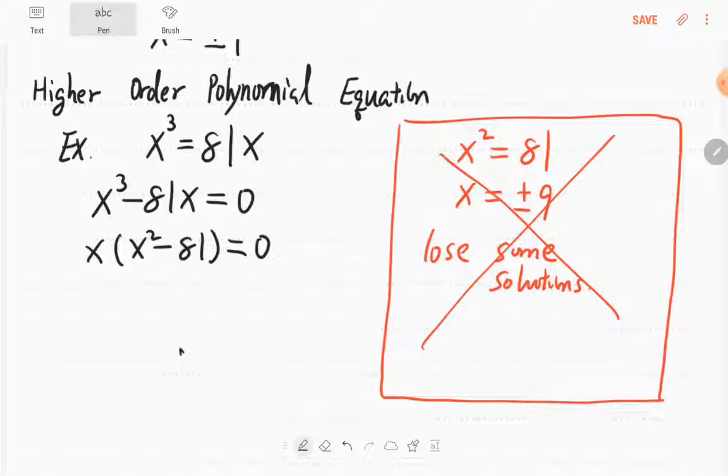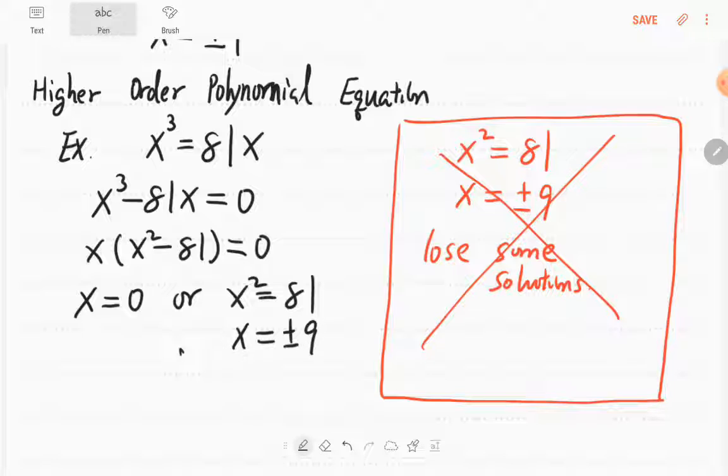Then you can factorize inside because this is x squared minus 81, or you can just use the square root property to solve it. So now this would be x equals 0 or x squared equals 81. We can use the square root property: x equals plus or minus 9.